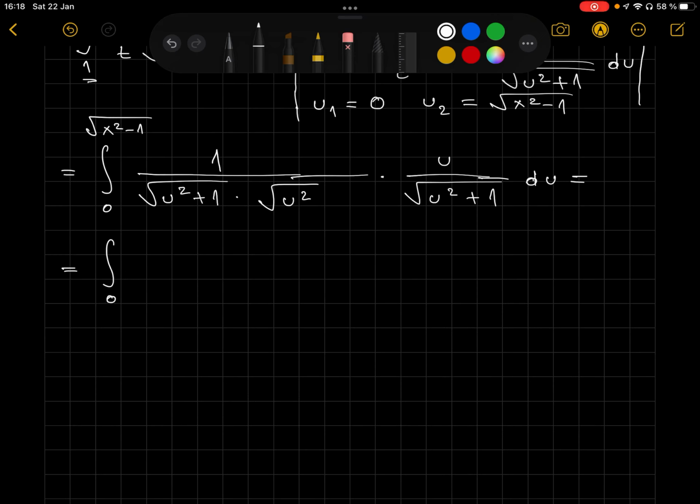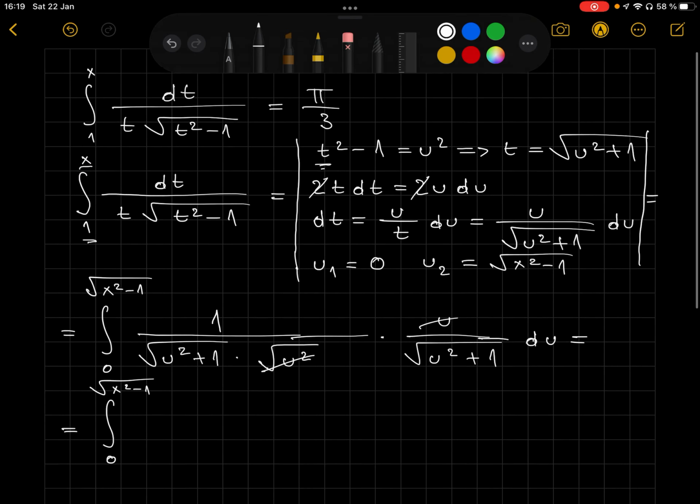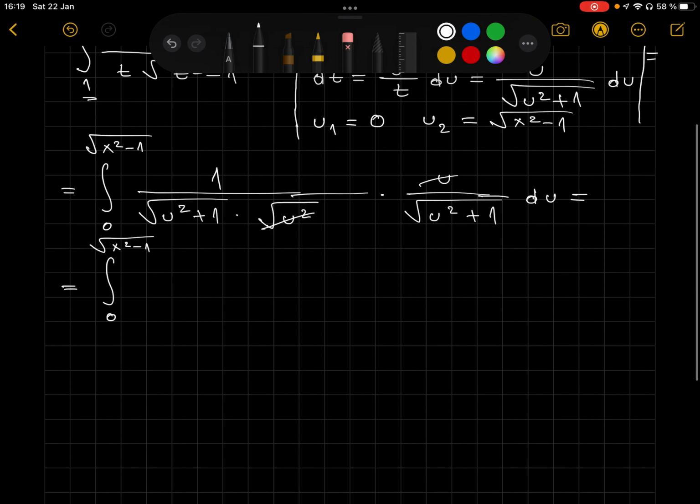Now this is very nice because we're going to get a little bit of cancellation. For example, the square root of u squared is just u, and that and this u can cancel. The other thing is we have the square root of u squared plus 1 times the square root of the same thing. So we can rewrite this as the integral from 0 to the square root of x squared minus 1 of 1 over 1 plus u squared du.